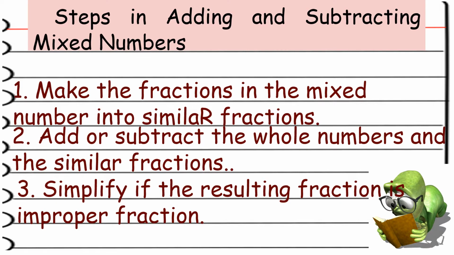Steps in adding and subtracting mixed numbers. First, make the fraction parts of the mixed numbers into similar fractions. Next, add or subtract the whole numbers and the similar fractions. And the last one, simplify if the resulting fraction is an improper fraction.